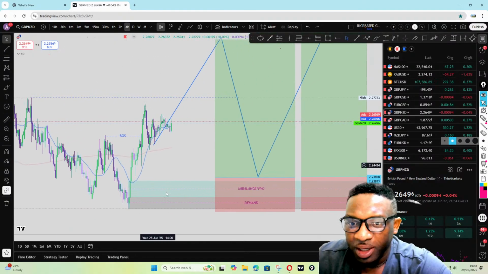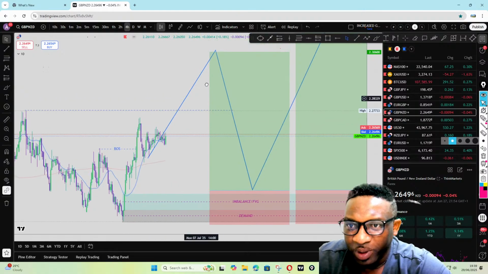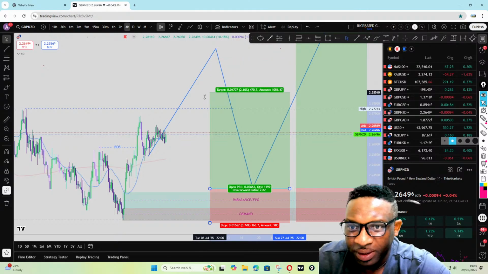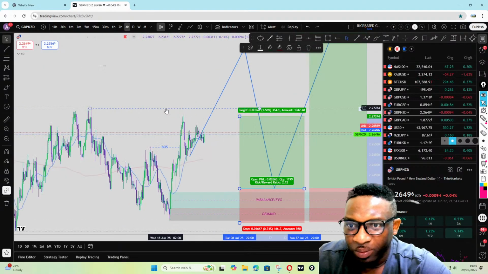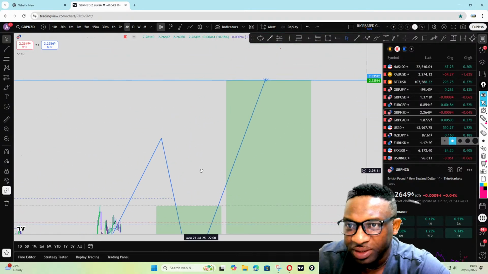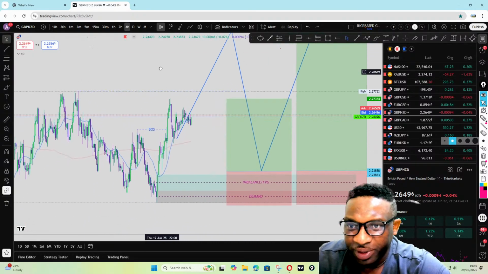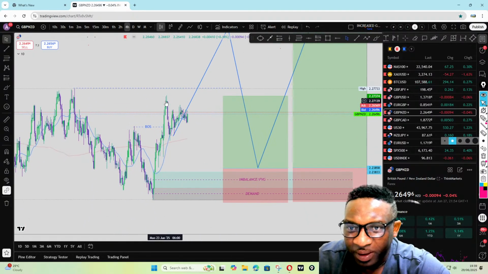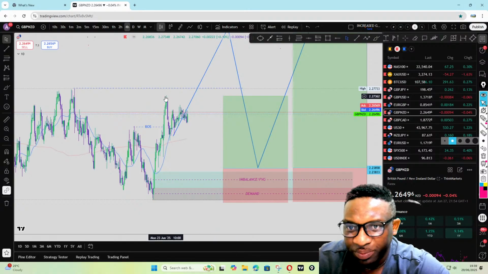If we're targeting an entry here, we put this target on the daily time frame. If we're day trading, we shouldn't overstretch it, as this is quite a long way. So if we're day trading and we have this break here, we could expect price to come here, and then we take the targets to the previous high.